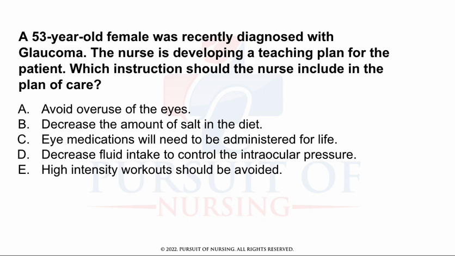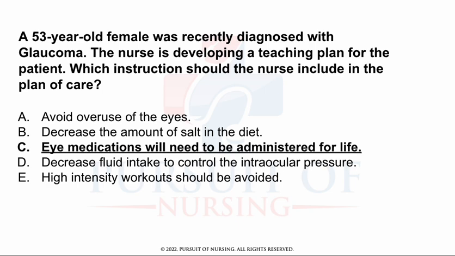So which of these are accurate? It's important to tell the patient that the administration of eye drops will be lifelong. It's a very critical component in the treatment plan for a patient with glaucoma. Options A, B, D, and E are not accurate instructions.